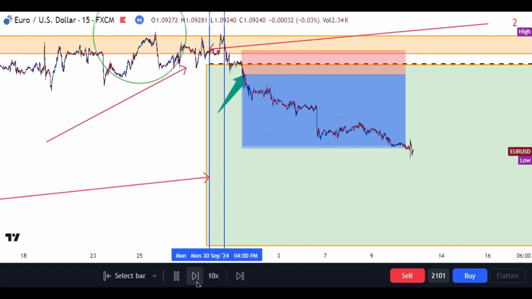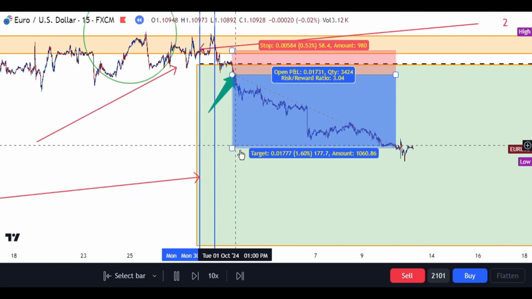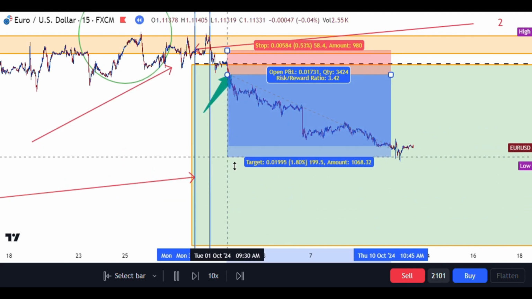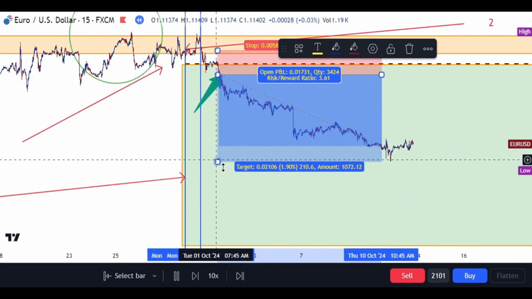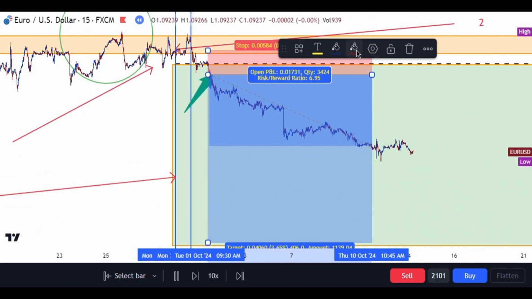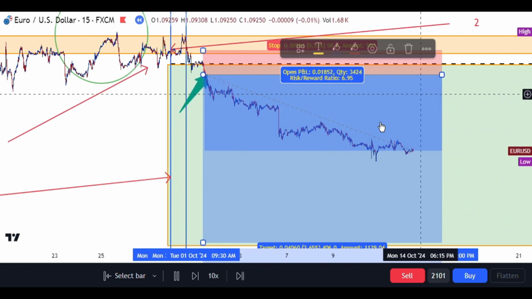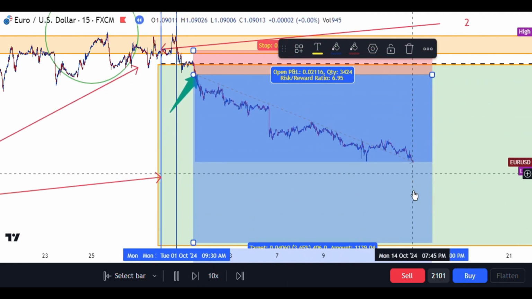The target would be several pips down as you keep stacking as the market moves. So this would be roughly a 400 pips drop, guys, if you held this trade all the way down.